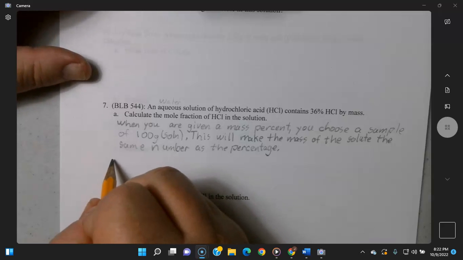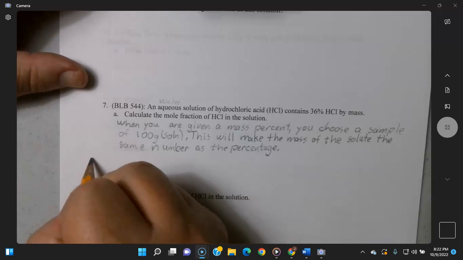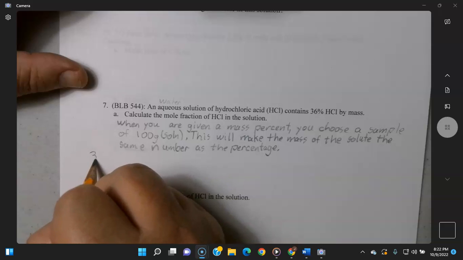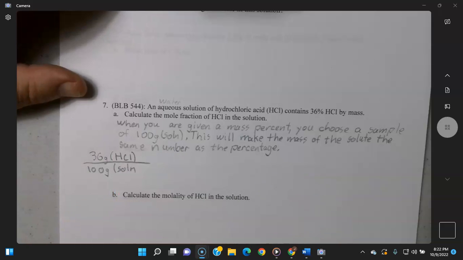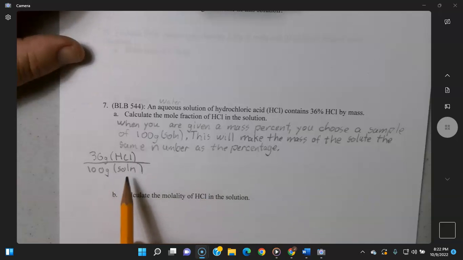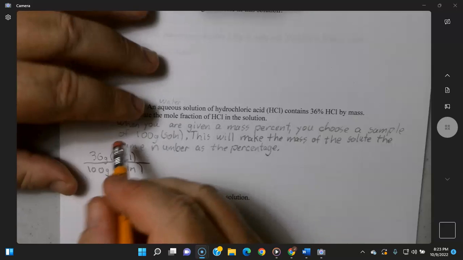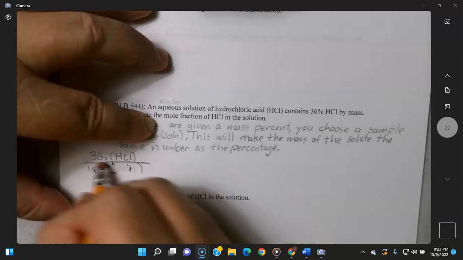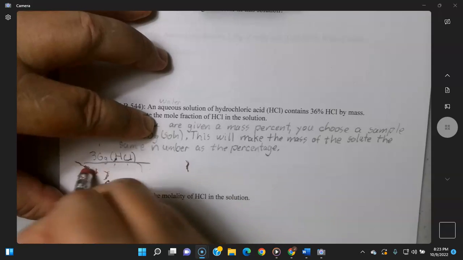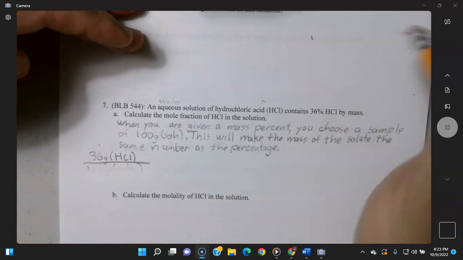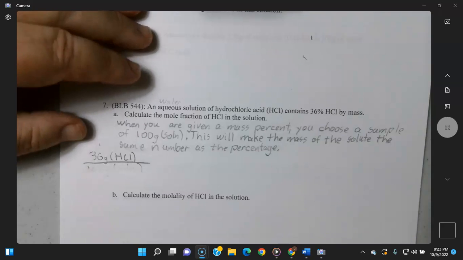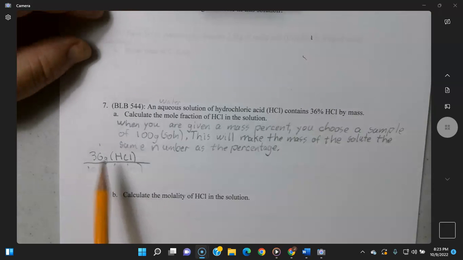So what we then have is, might run out of space here, so I'm going to put 36. Okay, so we have 36 grams of HCl over 100 grams of solution, and I'm going to actually have to write that as the solute and the solvent together. And the reason is we've got to get everything into moles. So grams of HCl has to go into moles.